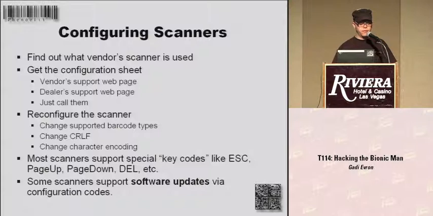You can change the supported barcode types, which means that the system that formerly thought it's only accepting, let's say, UPC barcodes, now suddenly accepts all types of barcodes. Because one thing that you need to know is all the scanners support all the barcode types. You don't buy a separate scanner for UPC or something.